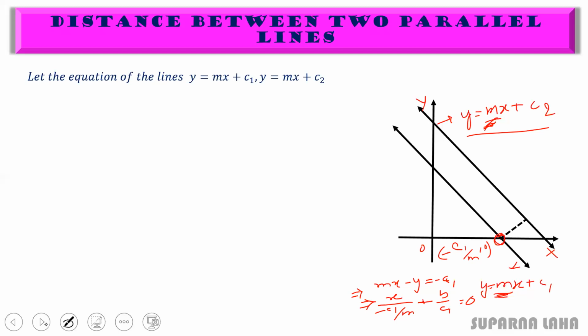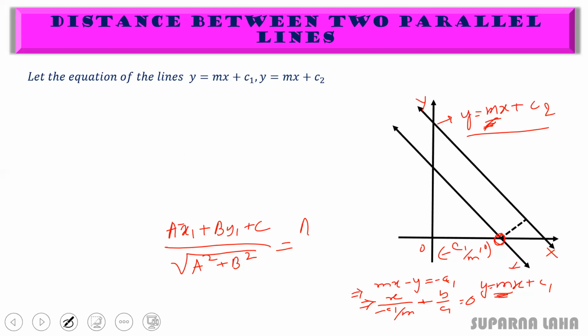So what is the formula? The formula is |a x1 plus b y1 plus c| by root over a square plus b square. Now compare these two. In the point x1 y1 you need to put (minus c1 by m, 0). So put it.